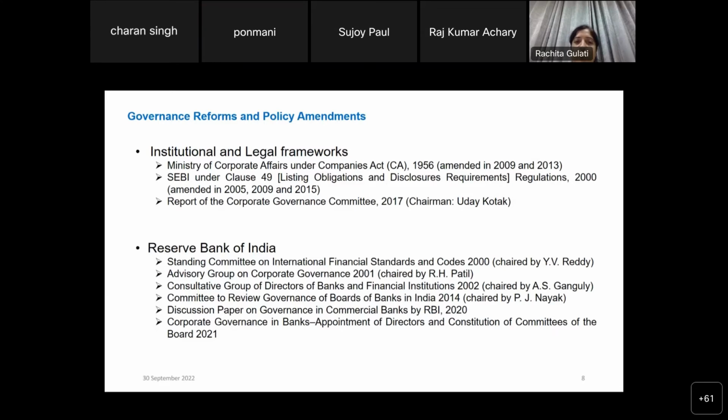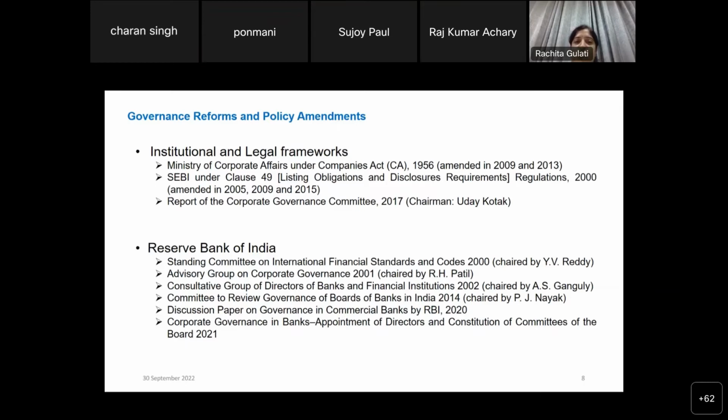The Report of the Corporate Governance Committee 2017, by Uday Kotak, has also provided guidelines for corporate governance under the legal frameworks, whereas the initiatives taken by the RBI include the constitution of the Standing Committee on International Financial Standards and Codes in 2000 under the chairmanship of Dr. Y.V. Reddy.